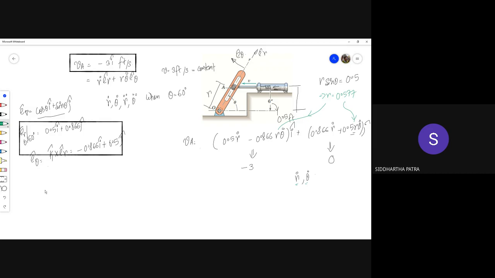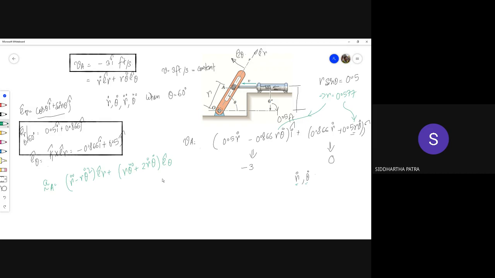Now comes the acceleration. The acceleration of A would be (r double dot minus r theta dot squared) er plus (r theta double dot plus twice r dot theta dot) e theta.